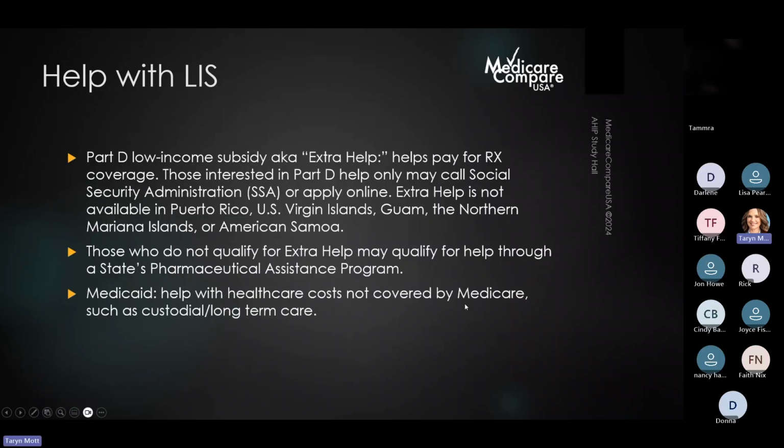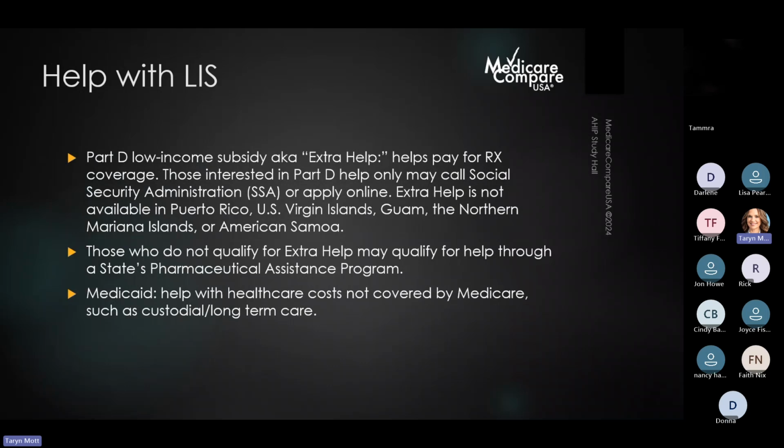Part D, Low Income Subsidy, also known as Extra Help, helps pay for prescription coverage. Those interested in Part D help may call Social Security Administration or apply online. Extra Help is not available in Puerto Rico, U.S. Virgin Islands, Guam, Northern Mariana Islands, or American Samoa.